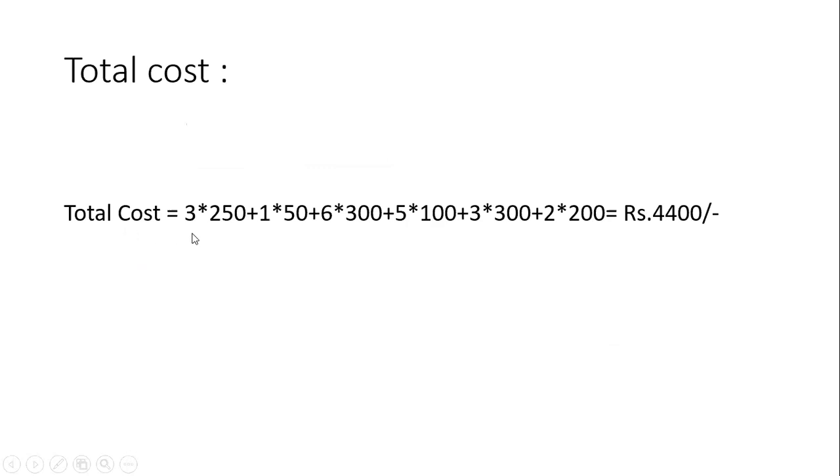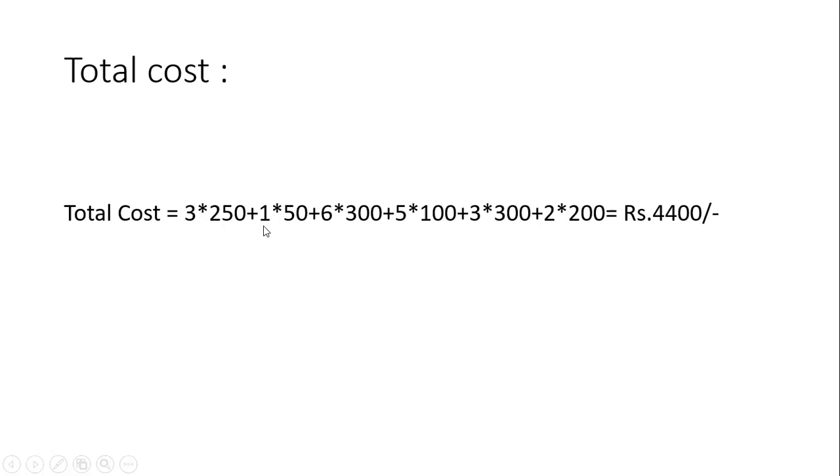Total cost is equal to the unit cost of items to be shipped between source and destination multiplied by the amount of units to be supplied.